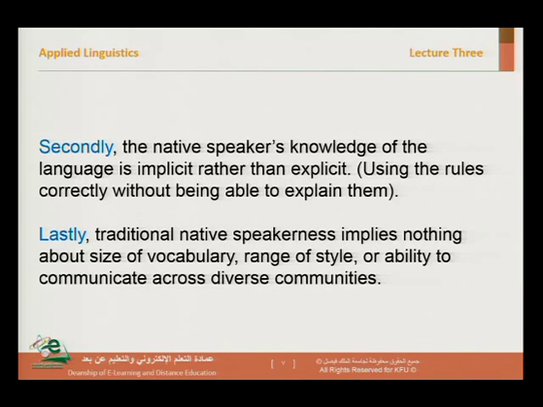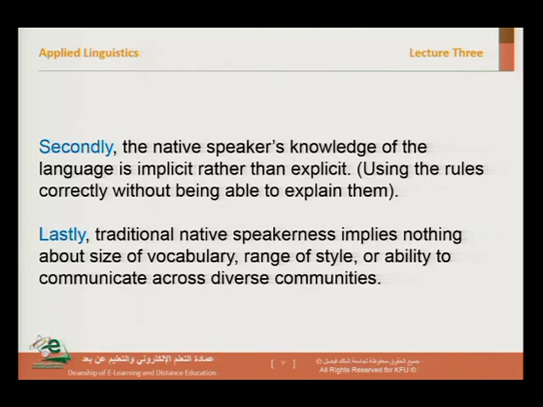They use them correctly, but they don't know why. They don't know the rule. So this is called implicit. Their knowledge is implicit. They have acquired this through their childhood or adulthood, but they don't know the rule, and they don't know the difference between these modals, shall and will, for example.